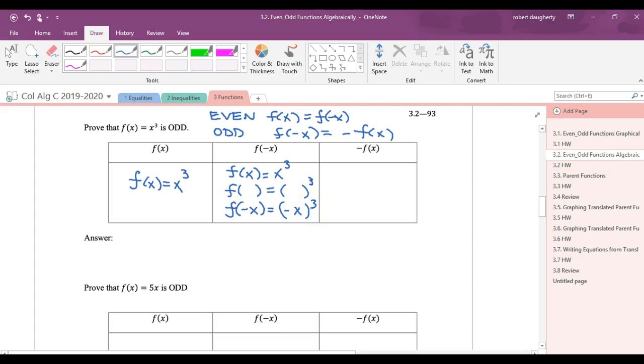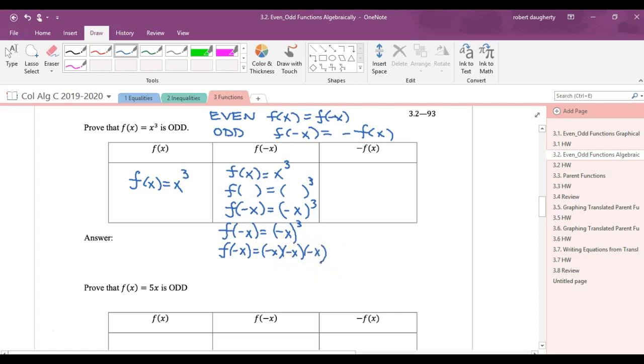Okay. So I get f of negative x equals negative x cubed. What does it mean to cube something? Multiply it by itself how many times? 3 times. So f of negative x is equal to negative x times negative x times negative x.